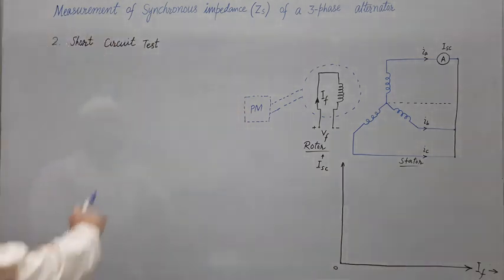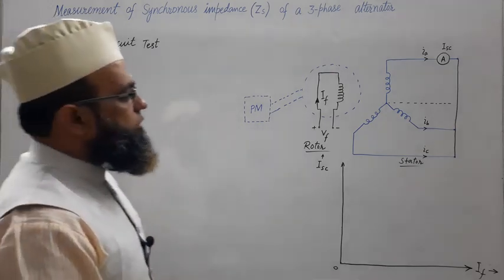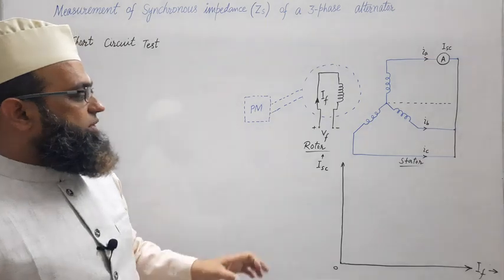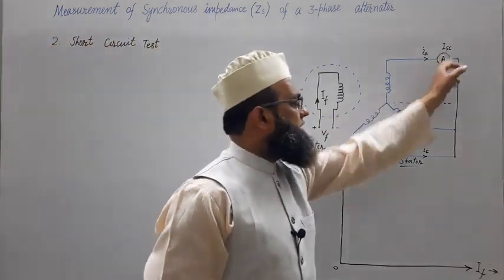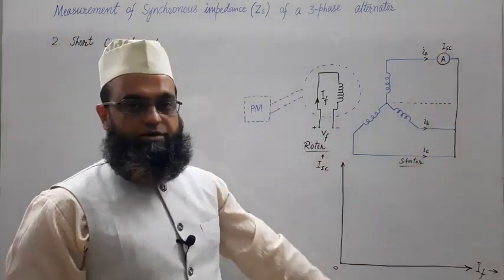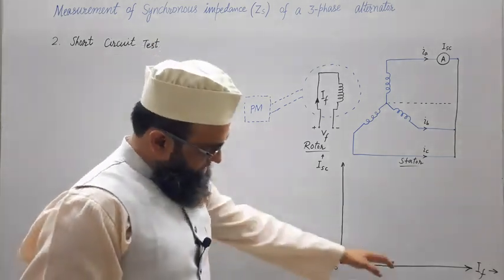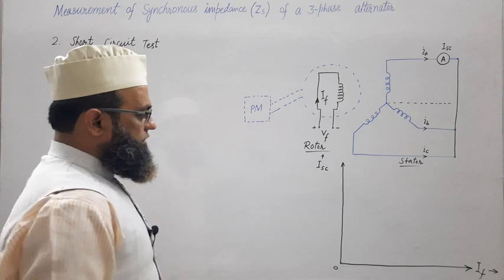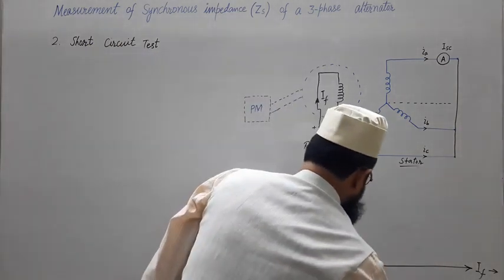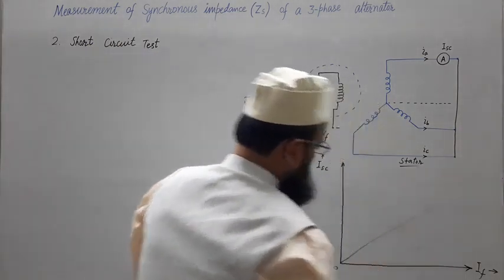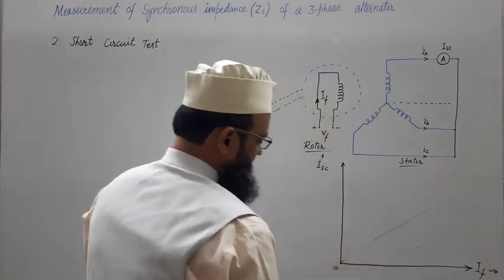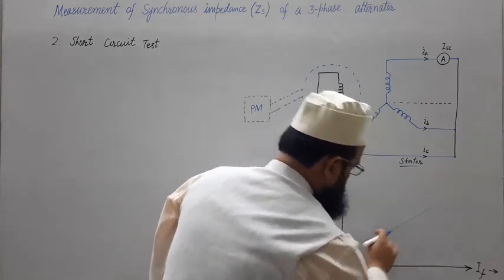Under this short circuit test, we obtain one characteristic, known as the short circuit characteristic, between this short circuit current and the field current. As we discussed, by varying the field current, this current will vary. So the plot will be like this. This will be linear, basically a straight line.